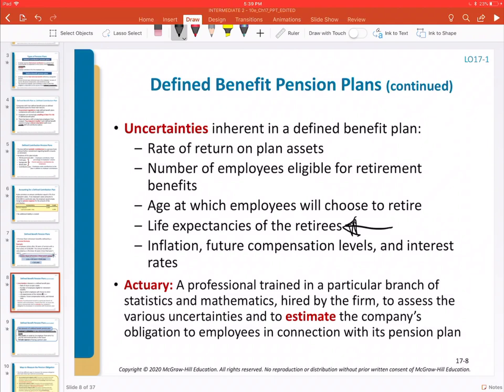Now, it's not going to be a cash account, again, where the company takes cash out of their operating account and sticks it under a mattress. This is going to be an investment account. So over time, what a company wants to do, right, is they want to take cash out of their operating account and add it to that plan asset.